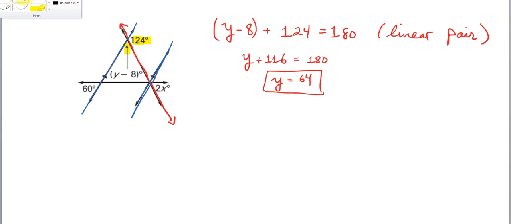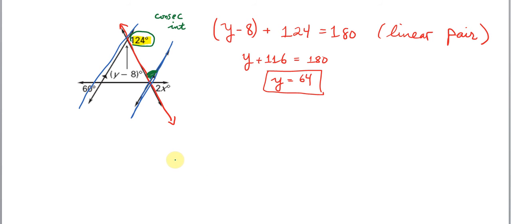Let's erase this old highlight and point your attention to something that is also helpful here. If we look at the angle that's 124 degrees and this angle right here that I'm shading in green, those two angles are consecutive interior angles.